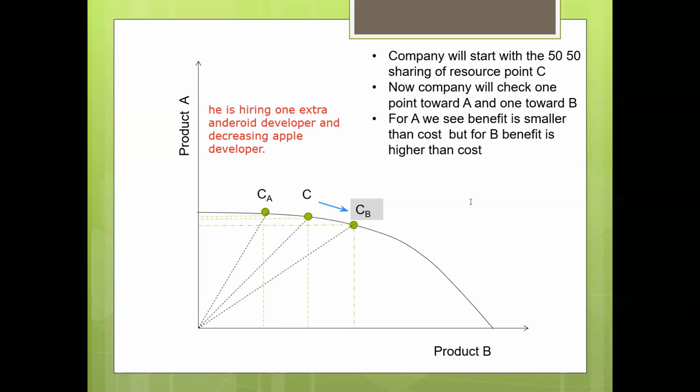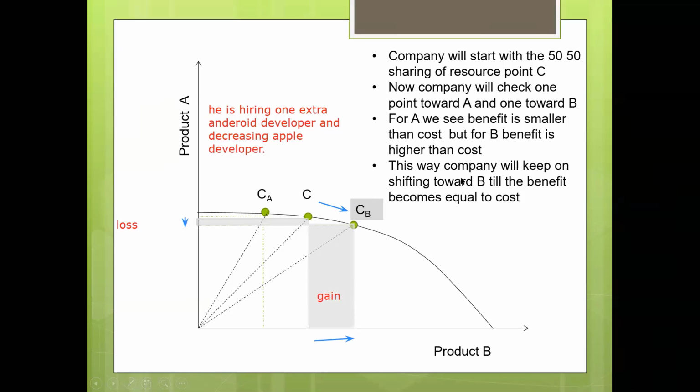So let's see it here. Now you can see in this diagram that when he has hired one extra Android developer, the benefit is this much and the cost is this much. So this is gain and this is loss. It is easily observable that the gain is more than the loss.